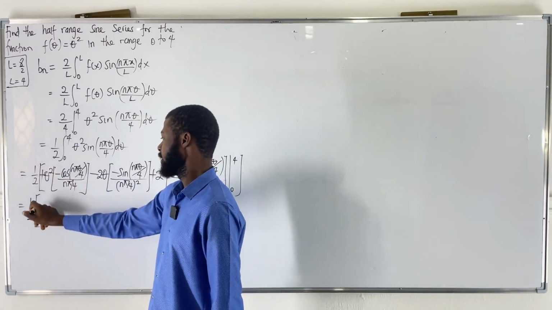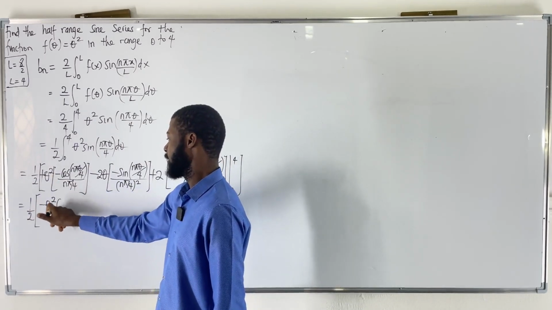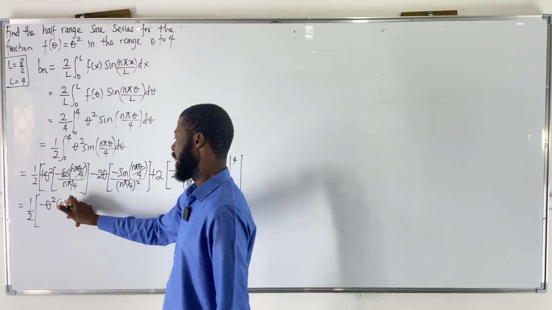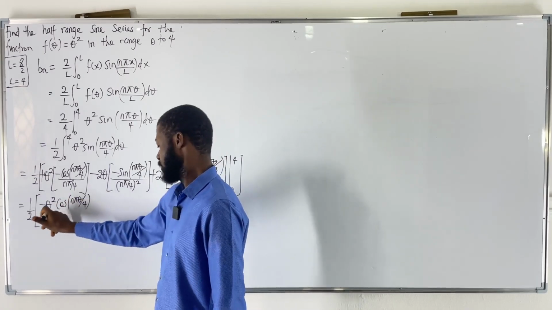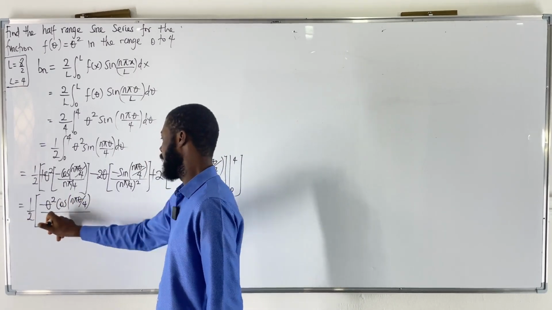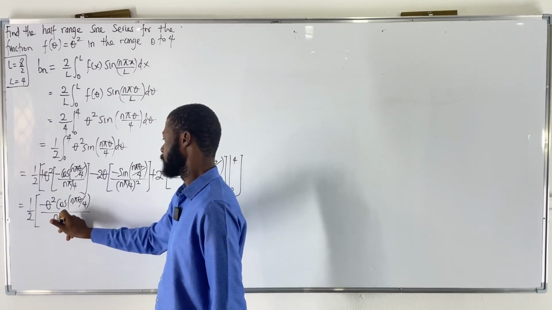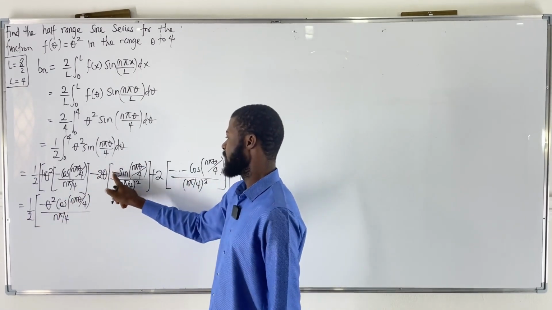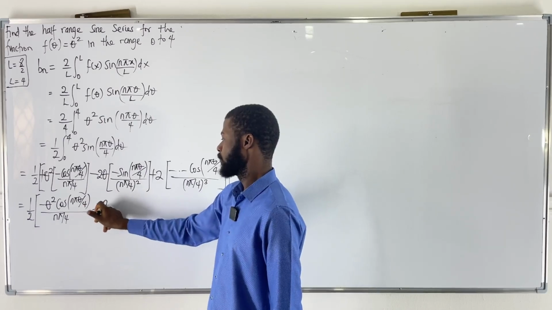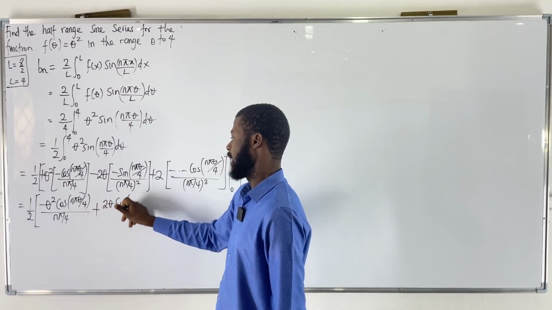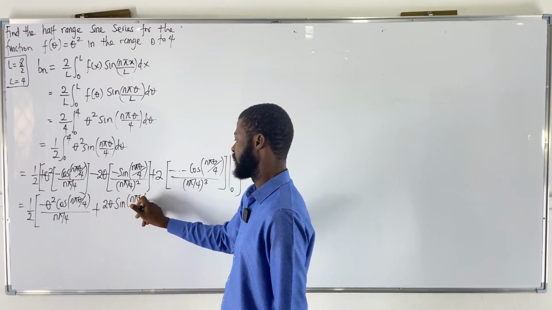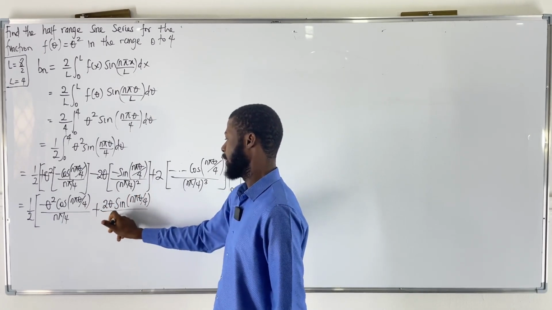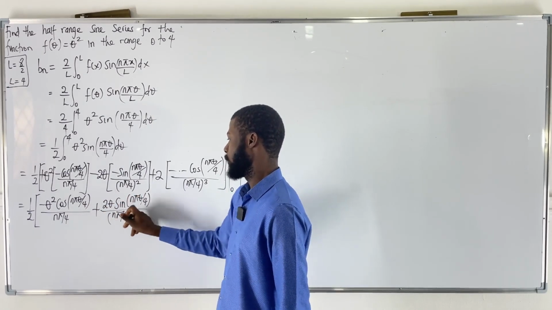So let's say this is negative theta squared cos(n pi theta over 4) divided by n pi over 4. Okay, now minus times minus is plus. So this will be plus 2 theta sine(n pi theta over 4) divided by (n pi over 4) squared.